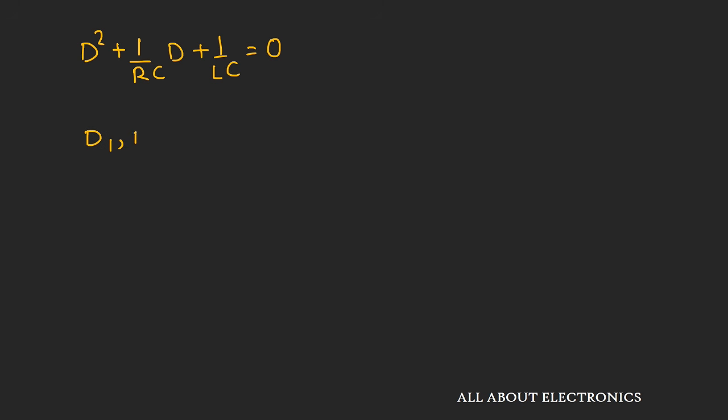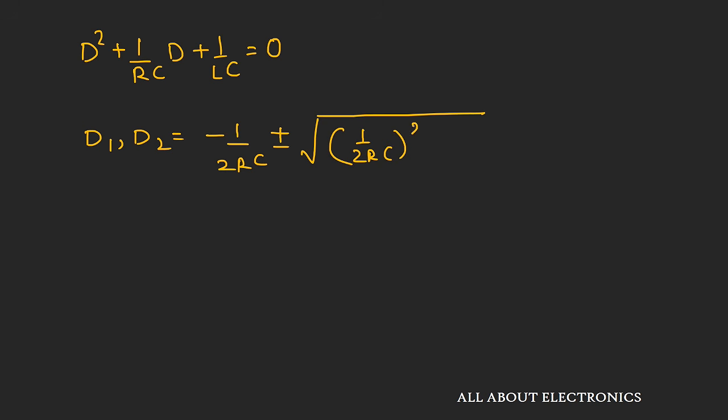Let us say d1 and d2 are the roots of the equation, and the roots can be given as minus 1 over 2RC plus or minus under root (1 over 2RC) whole square minus 1 over LC. And let us assume that alpha is nothing but 1 over 2RC, that is this term, and this whole term is, let us say, beta.